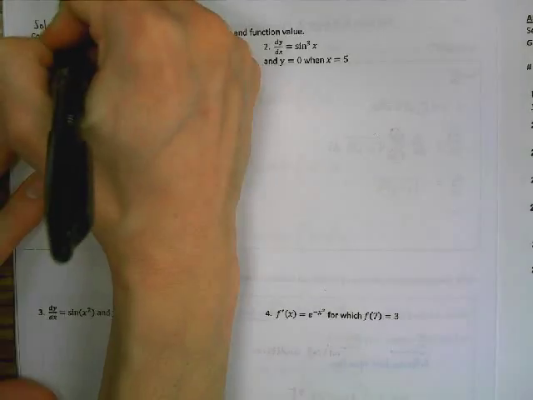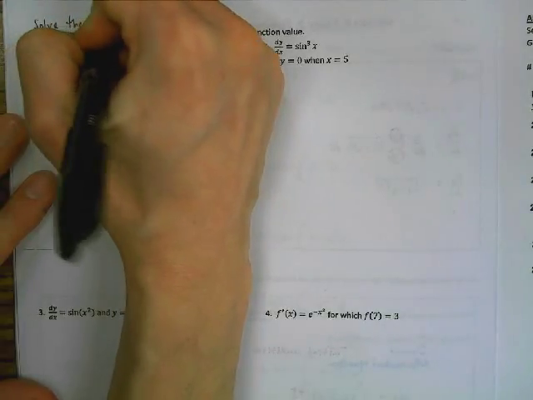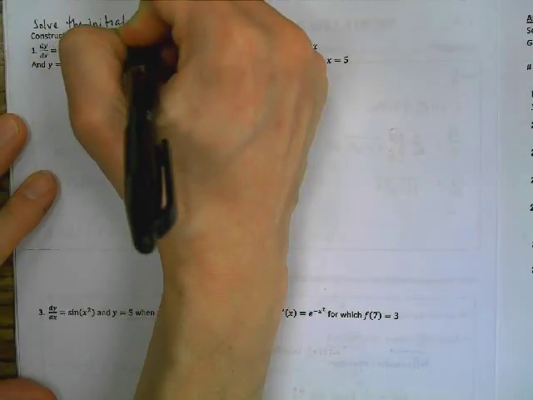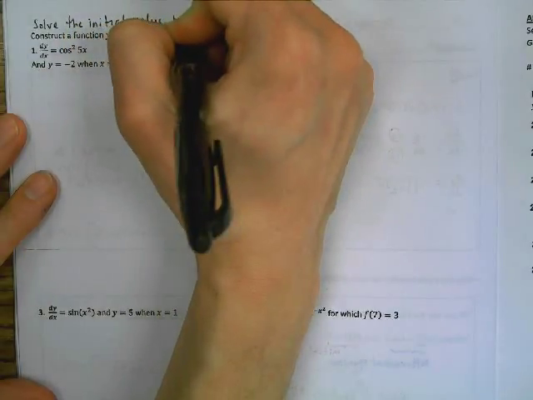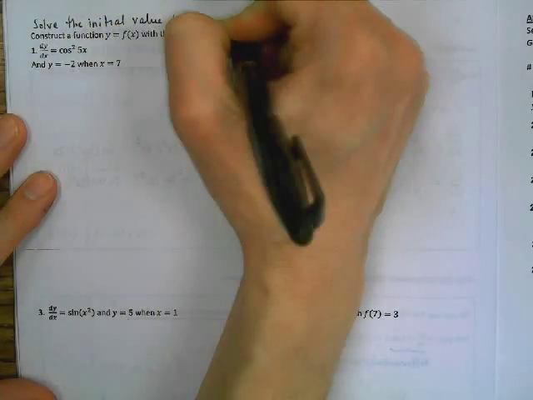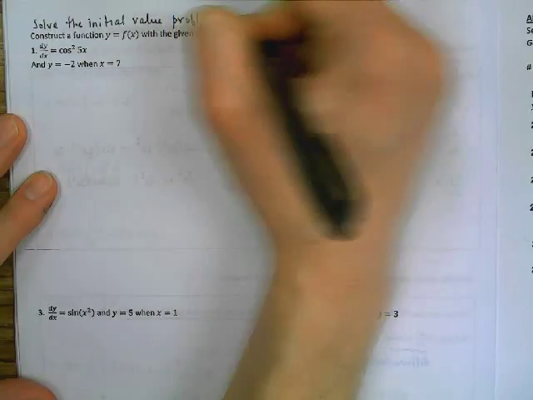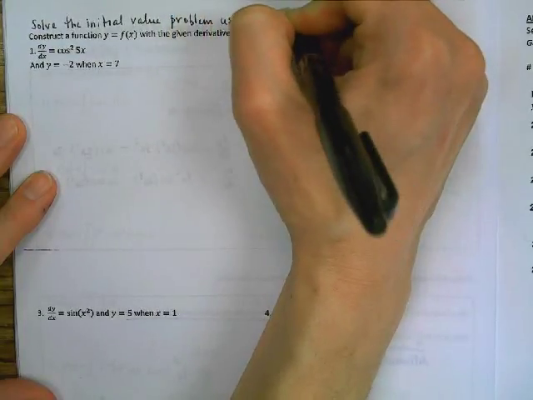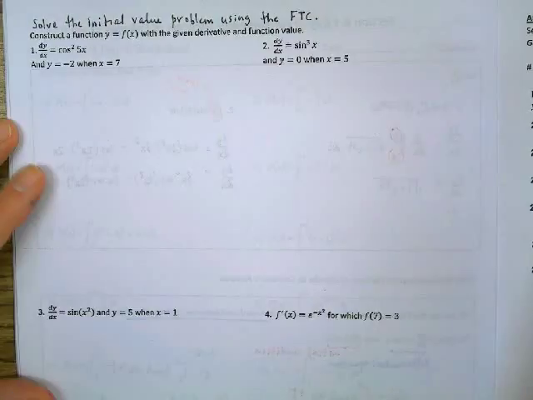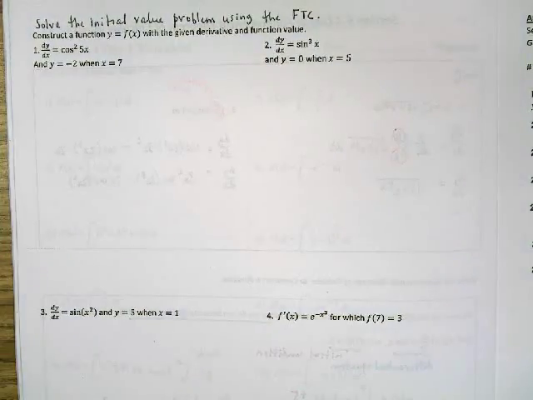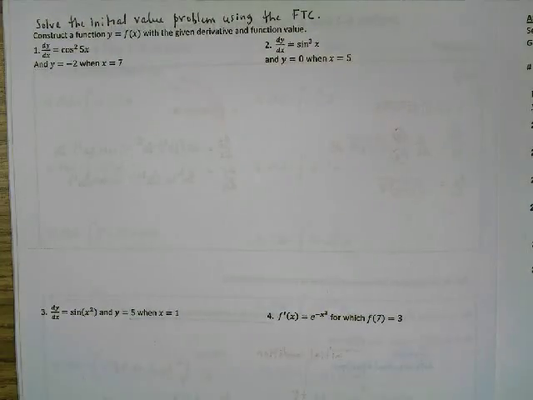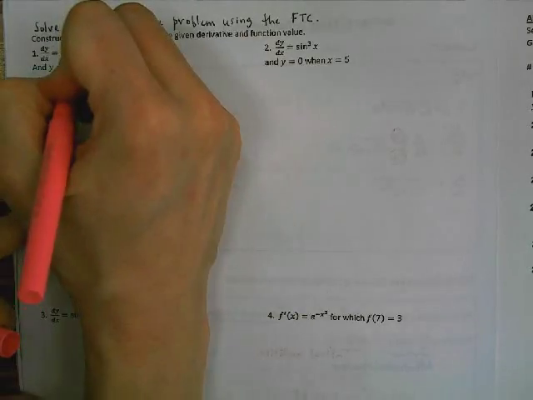They might say solve the initial value problem using the fundamental theorem of calculus, or I'm just going to say the FTC. So it's a couple ways you might see the directions. But either way, what we're trying to do is really solve this differential equation.